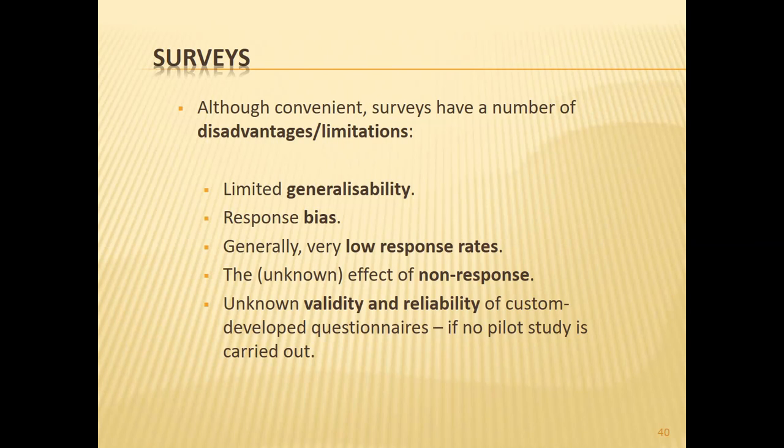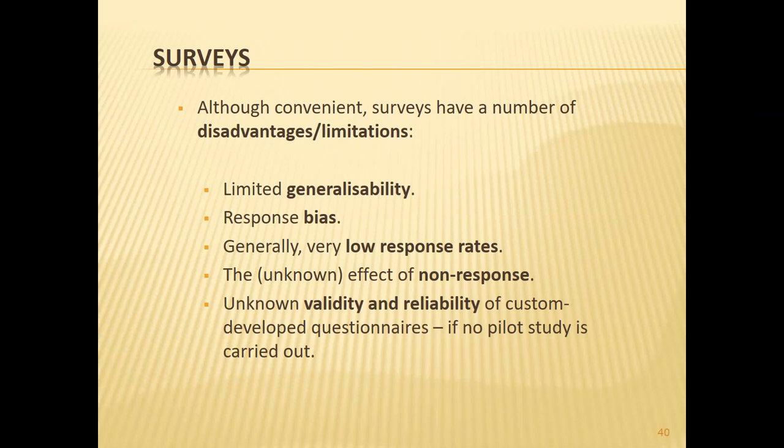The other problem with response bias is you might have people responding who are atypical compared to your whole sample. So if you're asking a set of questions in a questionnaire about a particular thing, you might find some people in the sample are very interested in that thing or very good at that thing, and so they like your questionnaire and they respond.